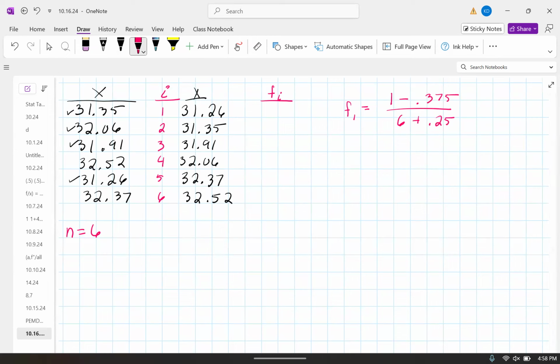The denominator is going to be the same for all of these. So 1 minus 0.375 divided by 6.25.